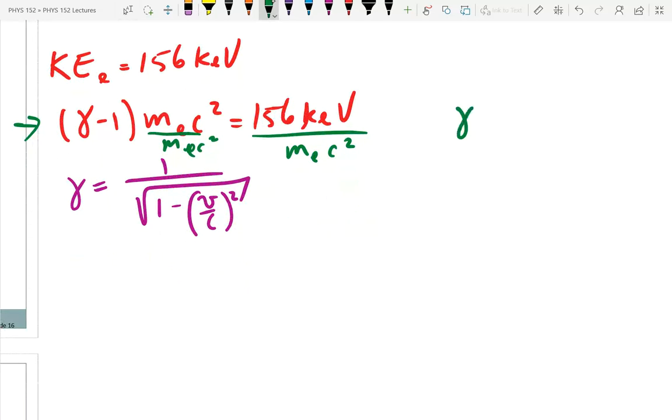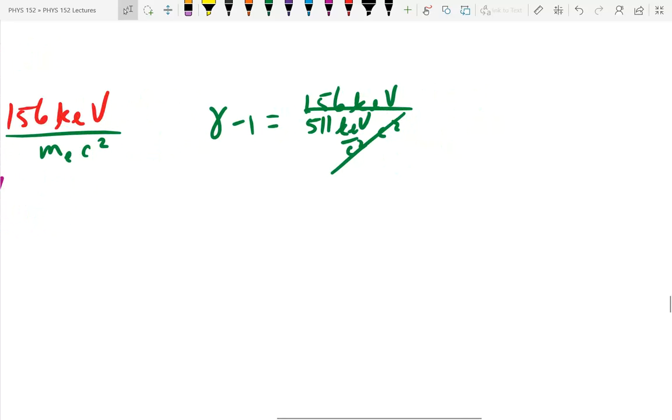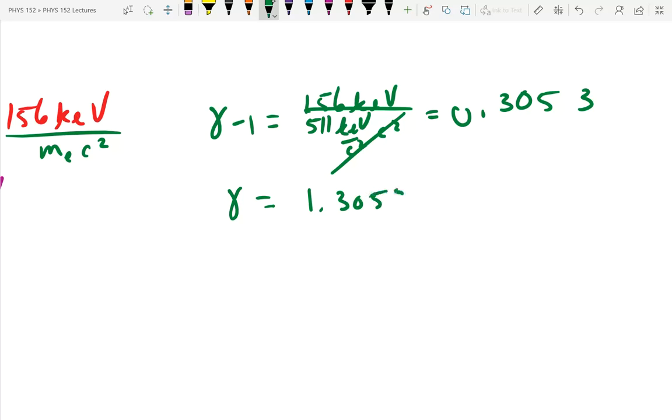So I get gamma minus 1 equals 156 kiloelectron volts over 511 kiloelectron volts per C squared times C squared. So 156 over 511 gives me 0.3053. So gamma is equal to 1.3053.